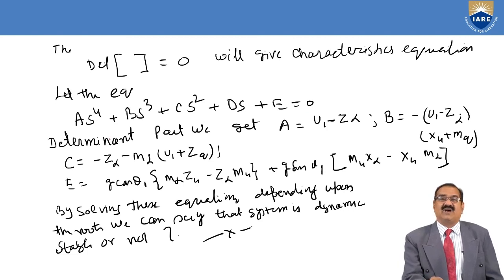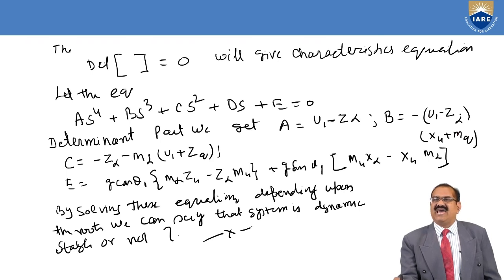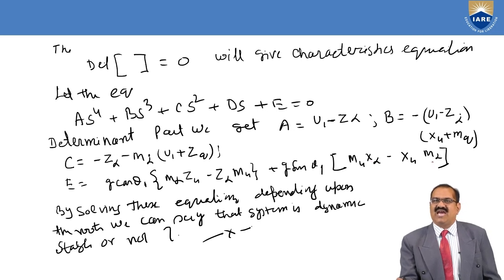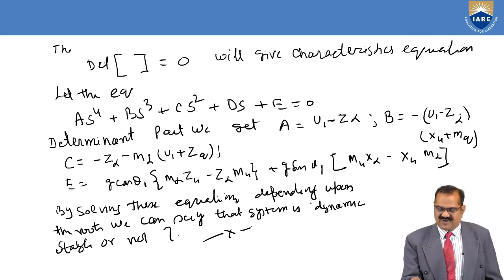From the previous matrix determinant, we can get that A is equal to u1 minus z alpha dot, B is equal to minus u1 minus z alpha dot, x u plus m q, and C we can get as minus z alpha minus m alpha dot, u1 plus z q, and E is equal to g cos theta 1 times (m alpha z u minus z alpha m u) plus g sin theta 1 times (m u x alpha minus x u m alpha). So solving these equations, depending upon the roots, we can say whether the system is dynamically stable or not.